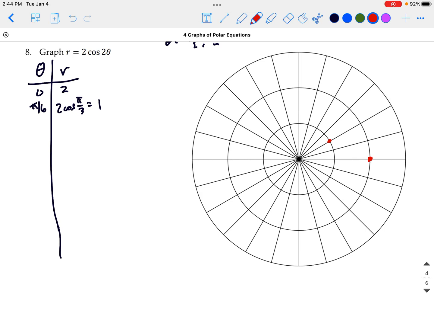So at pi over 6, we're at 1. And then pi over 3 is going to be not a nice value. Let's try pi over 2. So that'll be 2 cosine of pi, which is going to be -2.